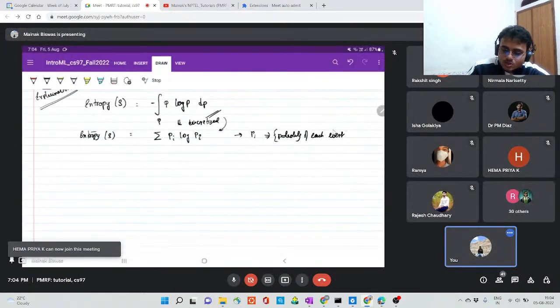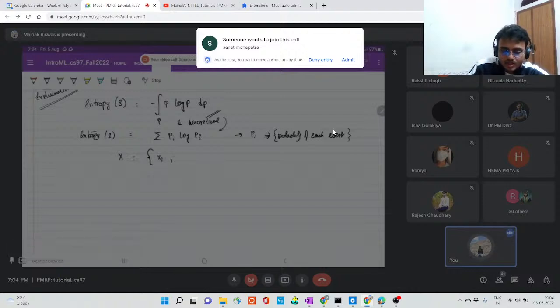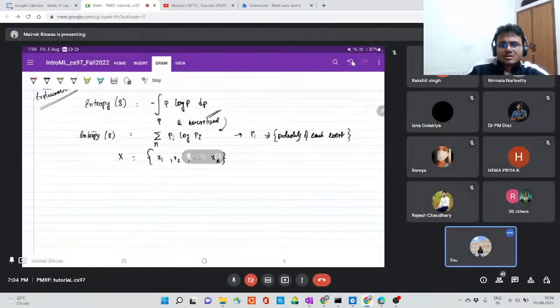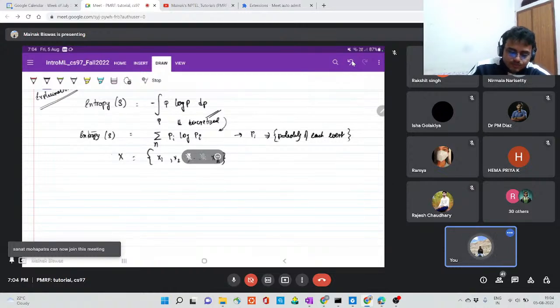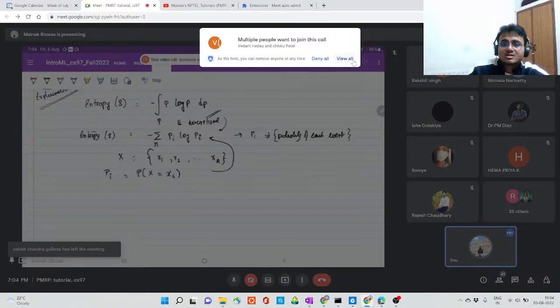Say x is a random variable that takes values x1, x2, up to xn, and I define Pi as the probability of the random variable x taking value xi. In that case, the entropy is given by this function.